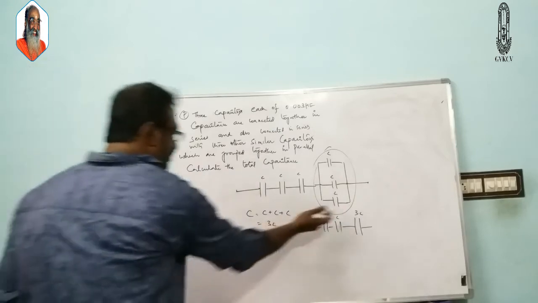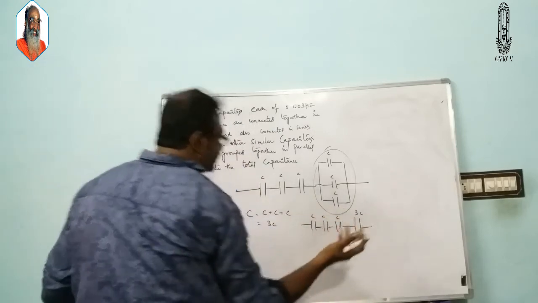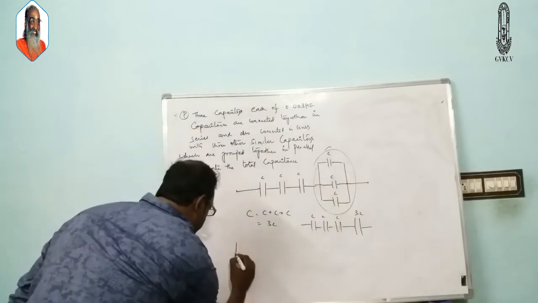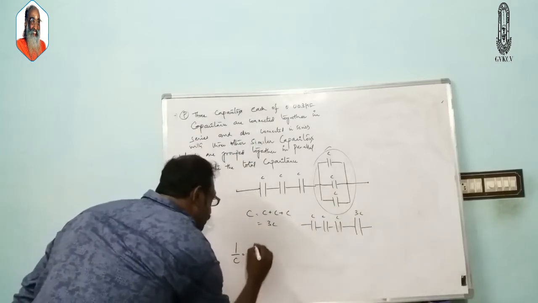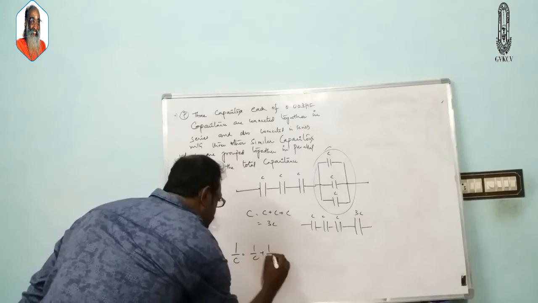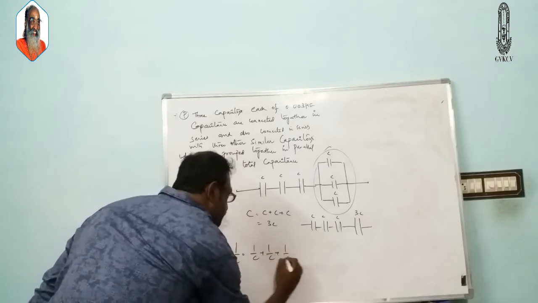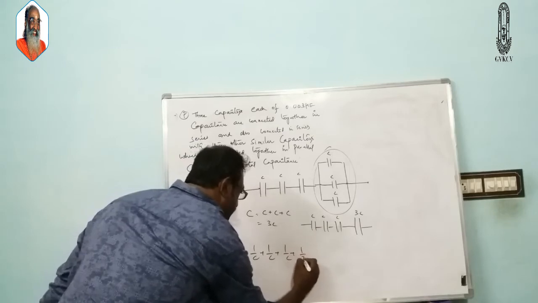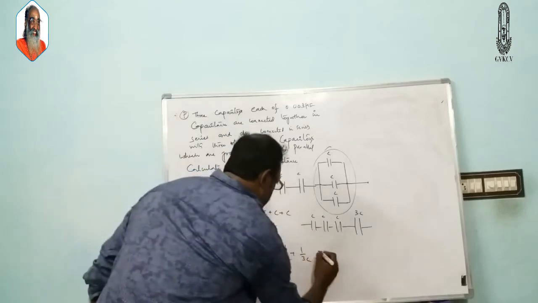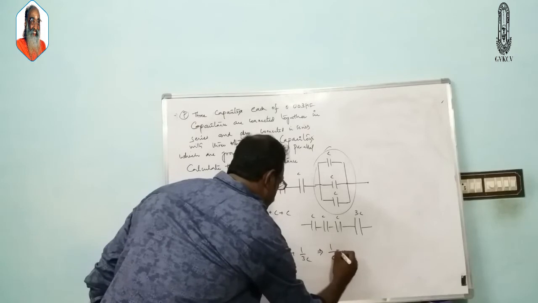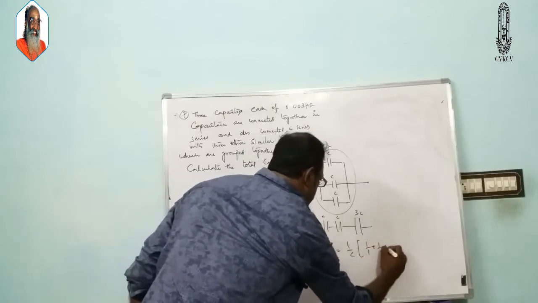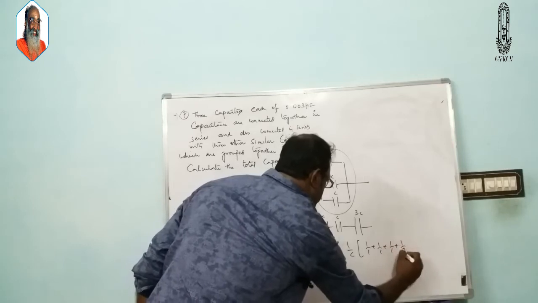Now if you observe the picture here, all these are in series. If all these are in series, then the effective capacitance: 1 by C is equal to 1 by C plus 1 by C plus 1 by C because of these three, and 1 by 3C. So 1 by C is equal to, taking 1 by C common, 1 by C into (1 plus 1 plus 1 plus 1 by 3).